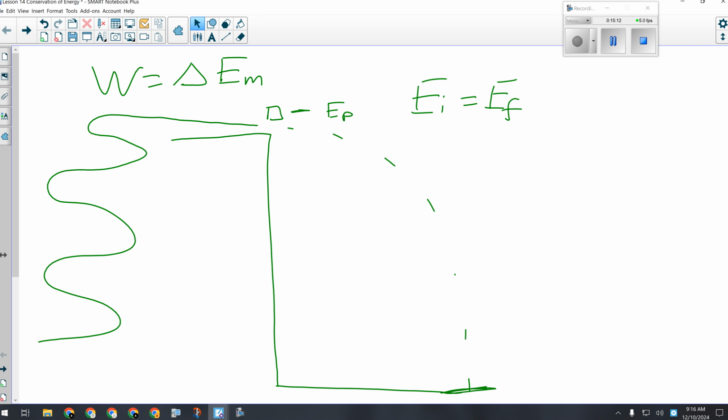Because how do we calculate mechanical energy? Potential plus kinetic. To calculate mechanical energy, we take the potential energy of an object, add it to the object's kinetic energy, and that gives us our mechanical energy. So the same would be true here.